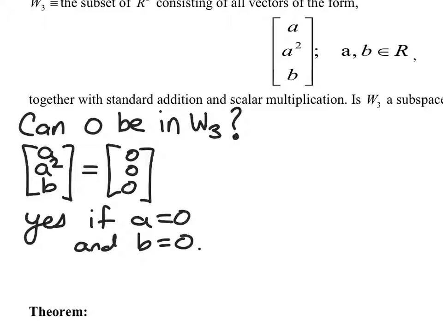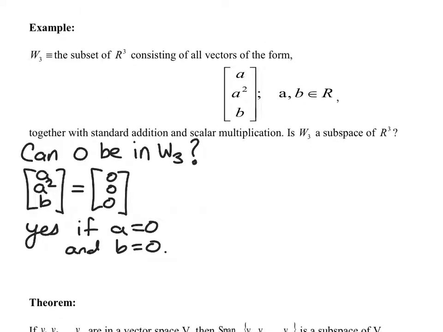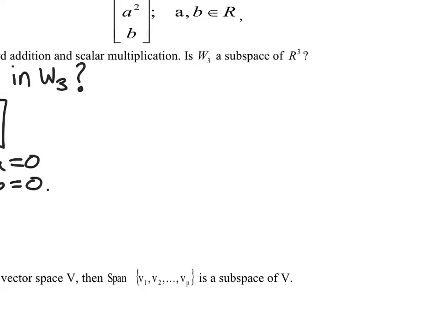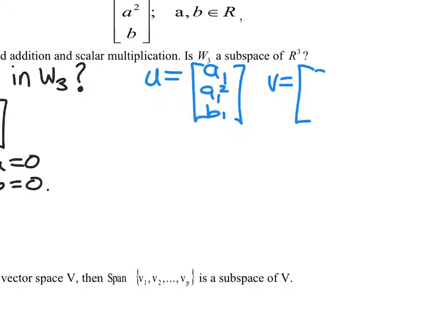All right, so now I'm going to find the sum of any two vectors in this system. They're vectors in the form of (A, A squared, B), so I can make anything I want. So how about I let U equal (A sub 1, A sub 1 squared, B sub 1), and V be all that same stuff, just with sub 2's.